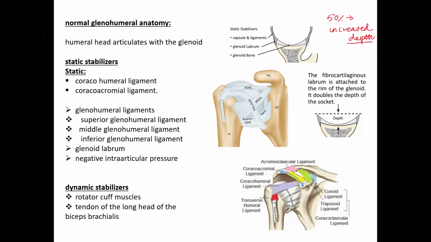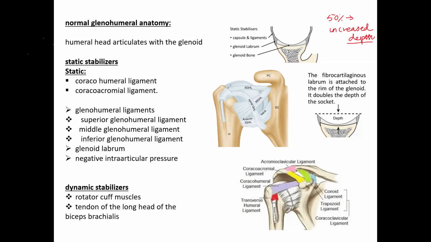Then one from the coracoid to the humerus is the coracohumeral ligament. The third one is the capsule, which gets thickened in between. This thickened capsule also gives stability to the joint. So these are the four capsular ligaments.